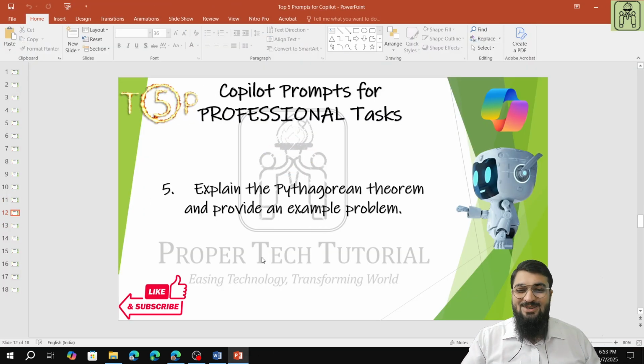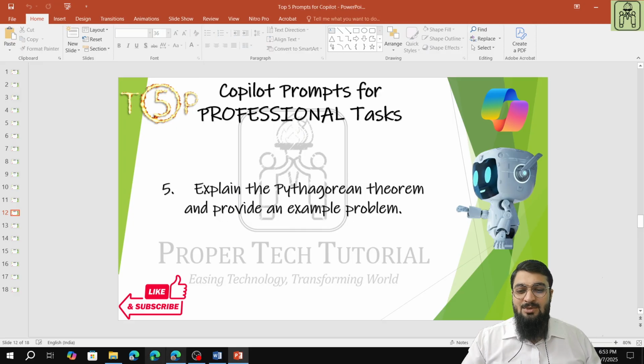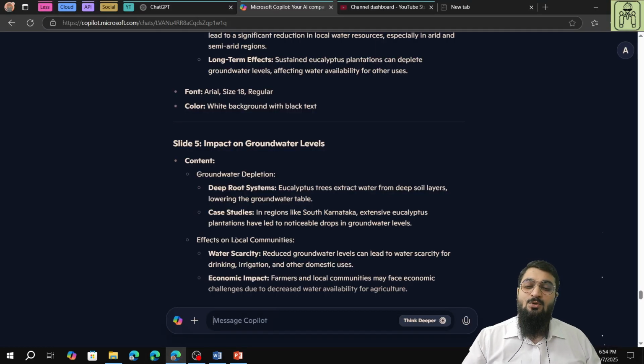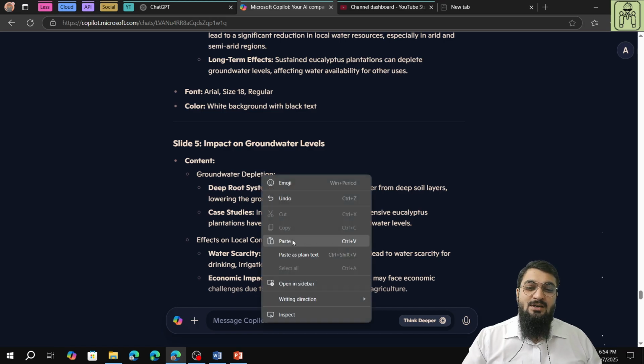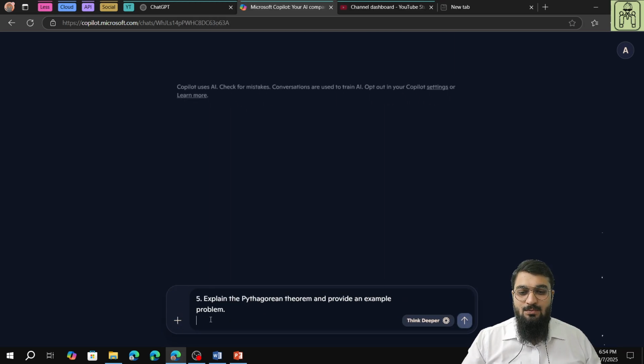So coming to the fifth and last: explain the Pythagorean theorem and provide an example problem. This is also a prompt which is used by people on Copilot for understanding a particular topic. Okay, so we will just create a new chat.